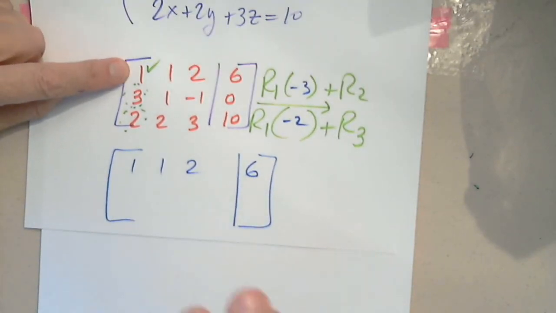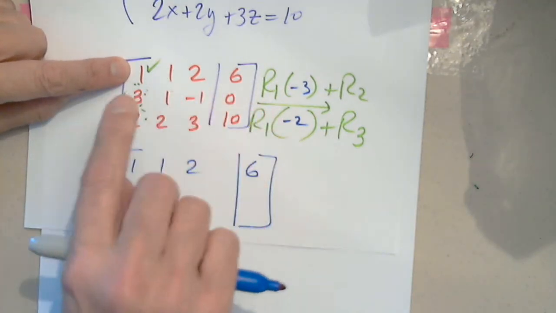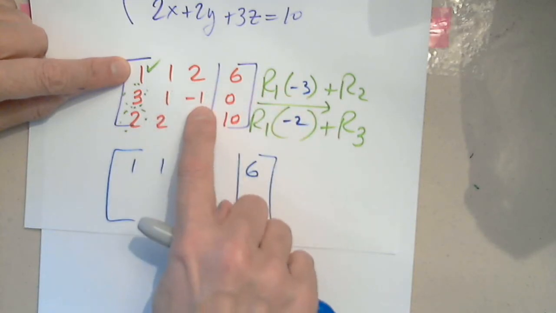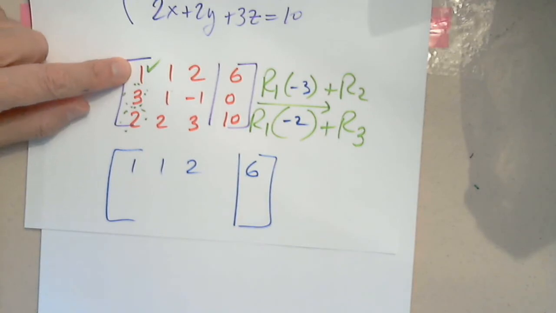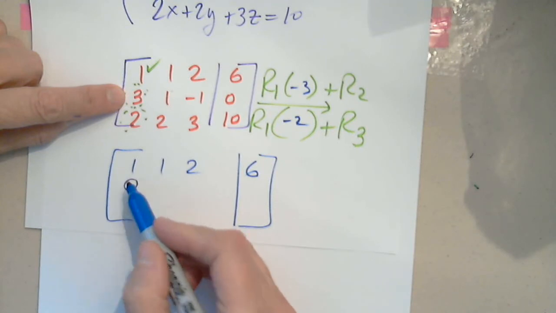And now let's do this. Remember, we have to multiply everything and add to the corresponding entry. This times this added here, this times this added here, this times this added here, and this times this added here. So 1 times -3 plus 3 will be 0.